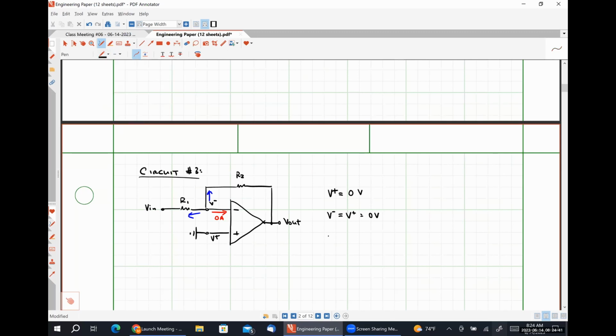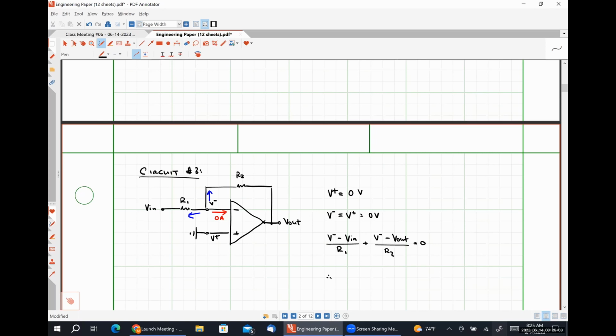And so what we're going to have is V minus minus Vn divided by R1 plus V minus minus V out divided by R2 is equal to 0.